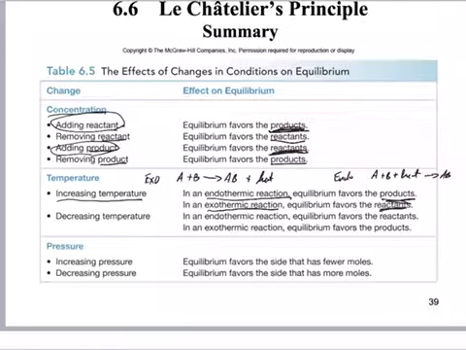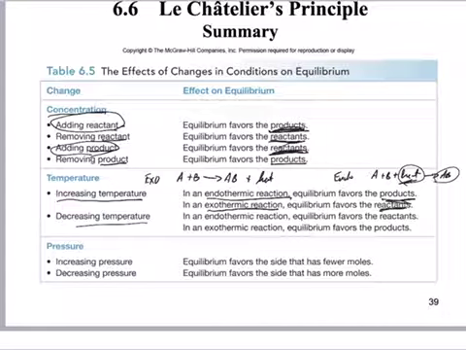It's exactly the same as concentration. If I add heat to an endothermic reaction, adding reactant favors products. If I take heat away, removing reactant favors the reactants. So it's exactly the same.